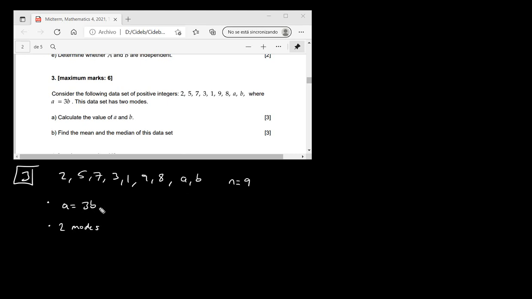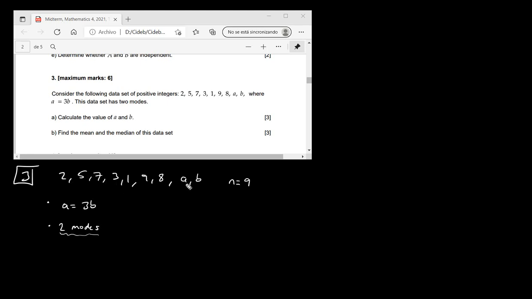Okay, what can I conclude out of inspecting this dataset and these two pieces of information? I must realize that neither of these numbers that I know, 2, 5, 7, 3, 1, 9, and 8, repeat. So if I know that there are two modes, what that means is that A and B must be, by necessity, one of these 7 numbers.